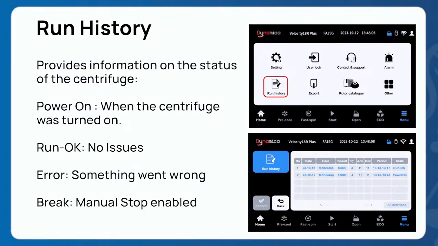Press it, and then you will see the run history submenu, which lists the date and the time of each run with user name, and also all the parameters like the speed, temperature, and total run time, and the status of that run. It shows whether it is a good run or any error associated with that run.